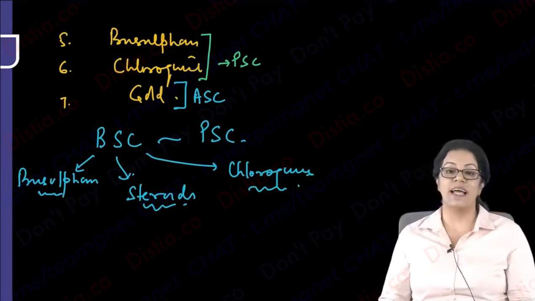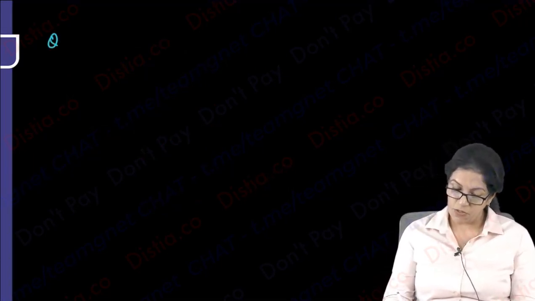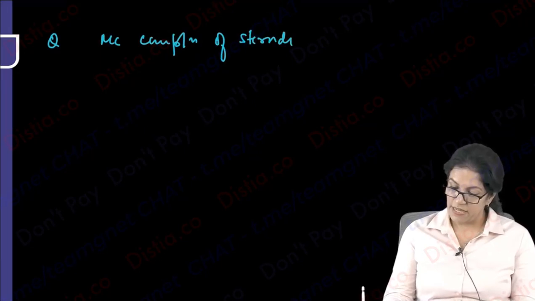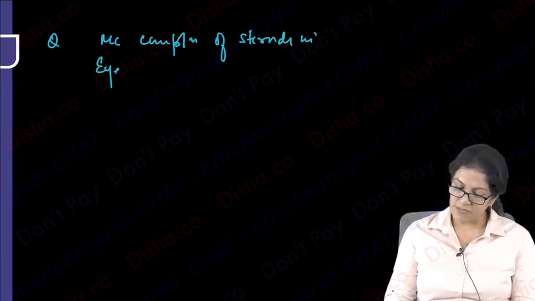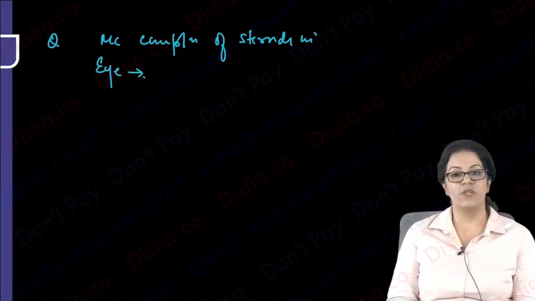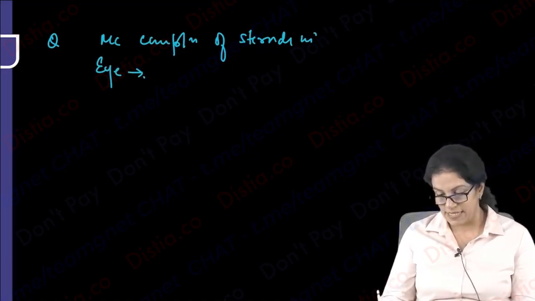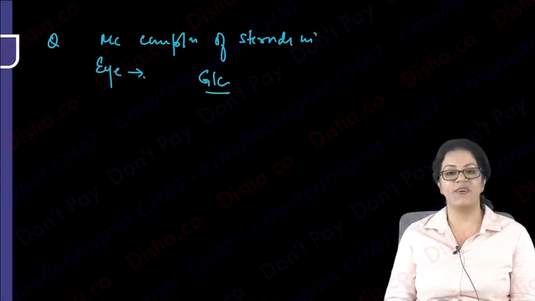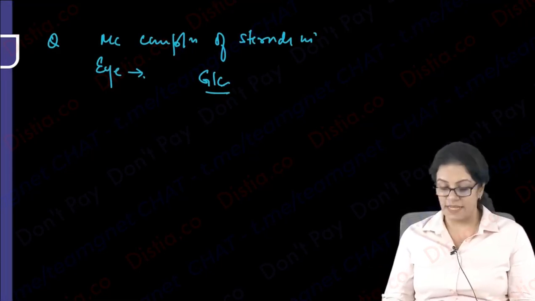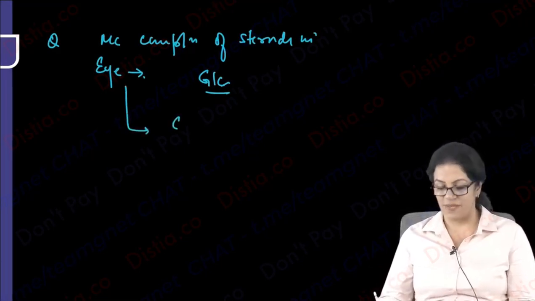I am discussing one exam question here. Most common complication of steroids in the eye. What should be your answer? Please answer glaucoma, not cataract. The next question was which type of glaucoma?